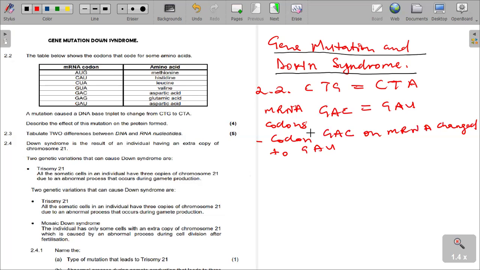We said GAC changed to GAU because CTG changed to CTA.